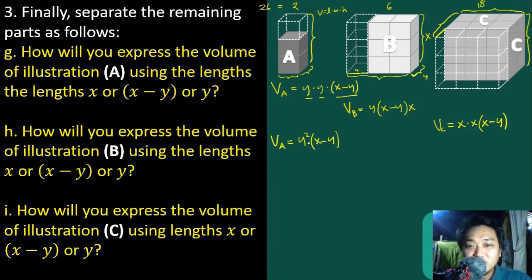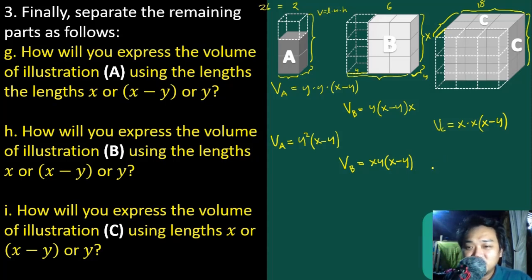Wag na lang muna natin gamitin yung distributive property. Let us keep it that way. How about the volume of B? The volume of B will be x times y times the quantity x minus y. Again, hindi ko muna ginamit yung distributive property. Hinayaan ko lang muna siyang ganyan para makita natin si x minus y.